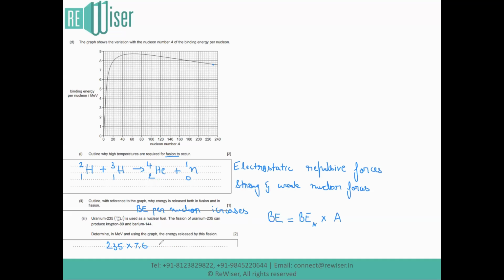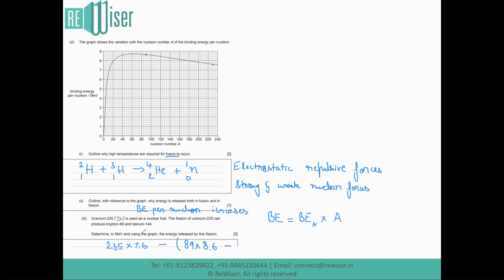And we subtract this from the combined binding energy of the two products of the reaction, that is krypton and barium. Krypton has a mass number of 89 and its corresponding binding energy per nucleon approximately turns out, krypton lies somewhere here, to be about 8.6.